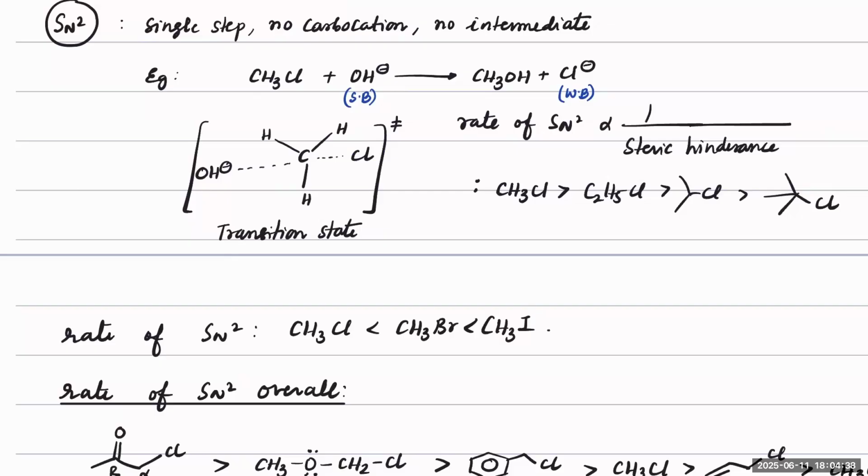In this transition state, you are getting a trigonal planar arrangement here, with one OH above and one Cl below. So what is it? Trigonal bipyramidal. It is like a pyramid on this side and a pyramid on that side. So it is a trigonal bipyramidal transition state.